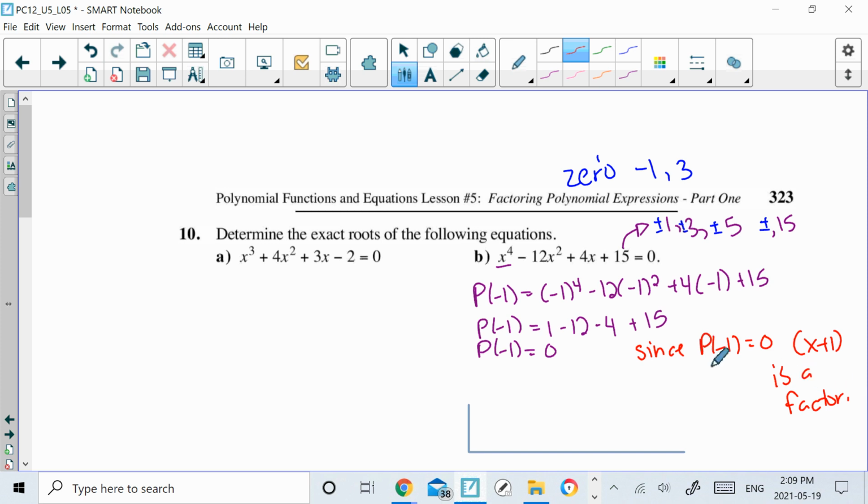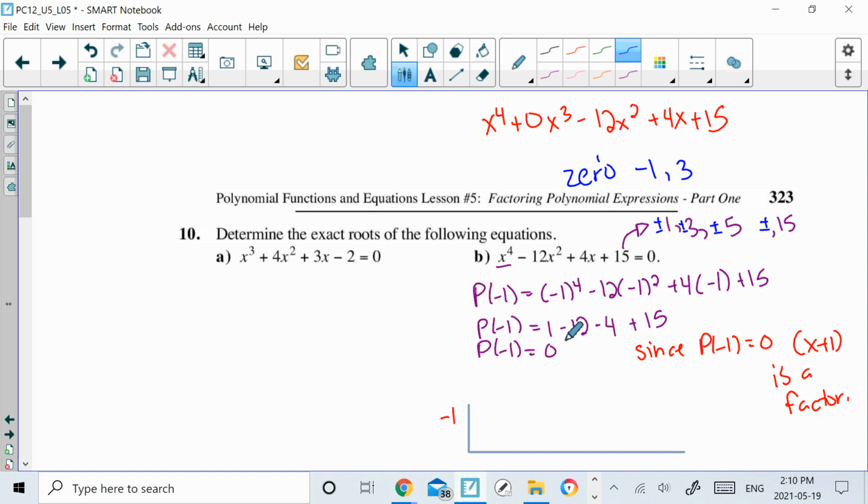So we would take the root of the divisor, which is -1, and we need to do synthetic division. I need some zeros as placeholders though, so it would be x to the 4 plus 0x to the 3 minus 12x squared plus 4x plus 15.